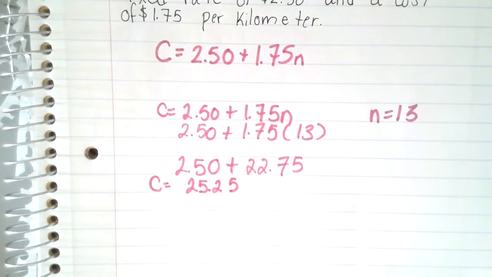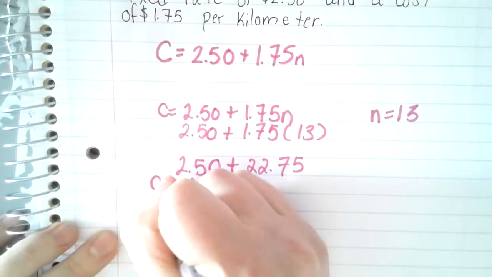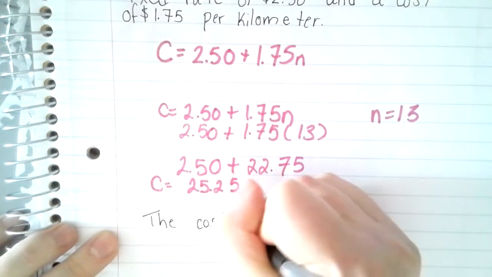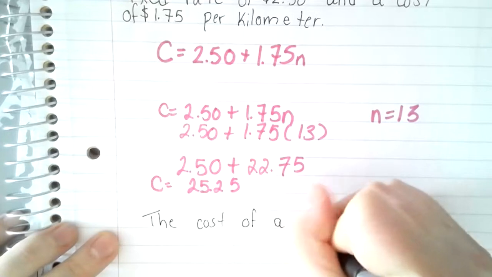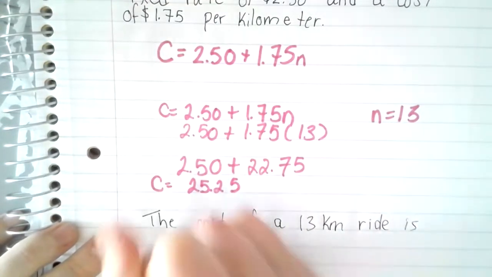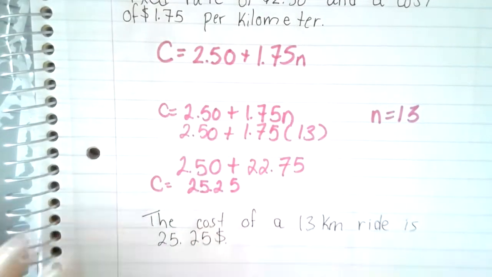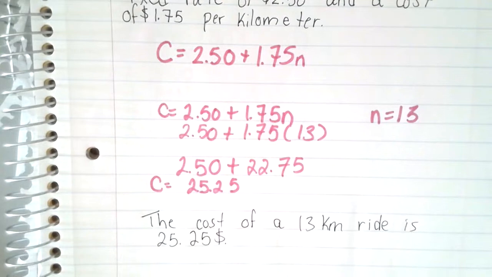One good practice to get into could be to write a summarizing sentence at the end. So you could say, the cost of a 13-kilometer ride is $25.25. Something that could be useful to do.